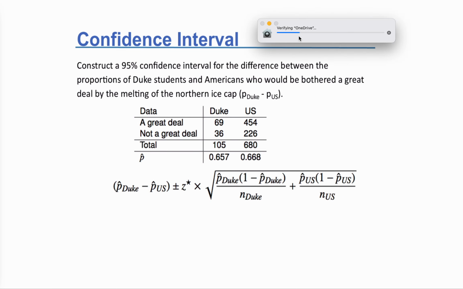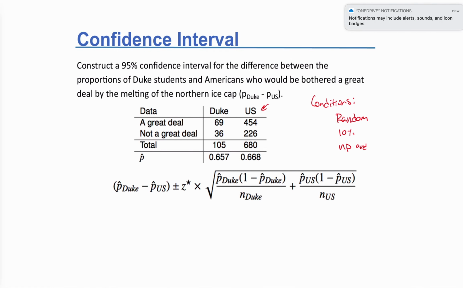We are assuming independence, assuming a random sample. The US is probably a random sample. The Duke is not a random sample, but we're going to assume that it is. We checked our 10% condition. So conditions: random, 10%, and np and n(1 minus p) are both at least 10.